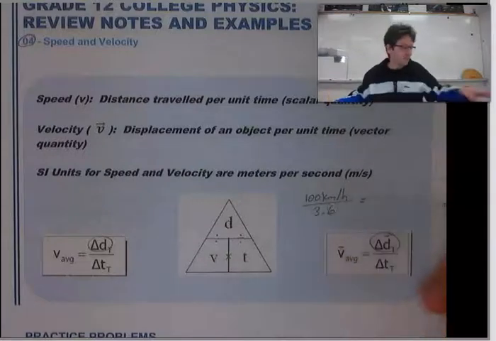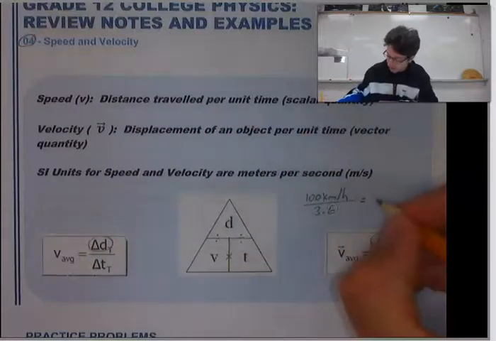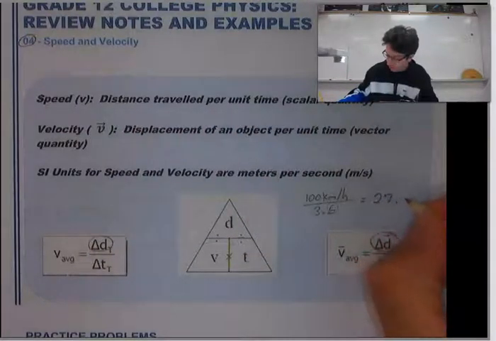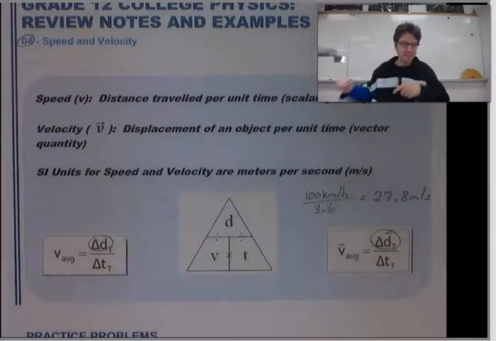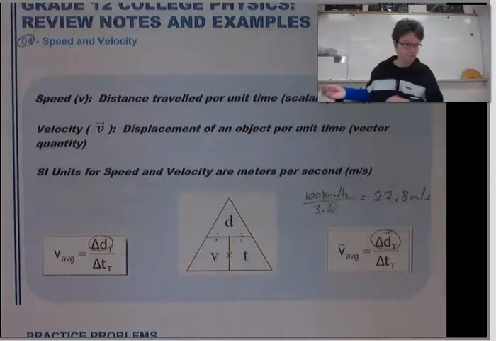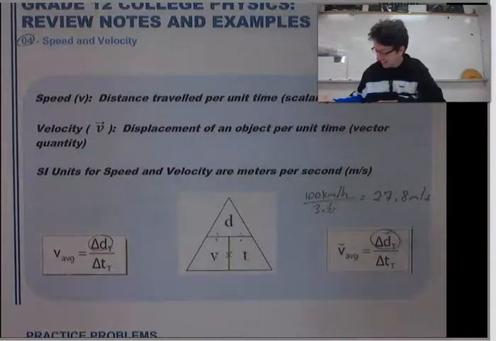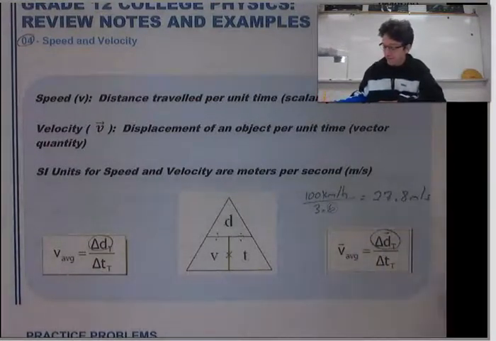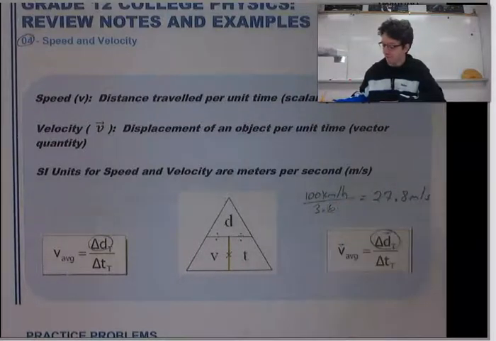And that'll give you how many meters per second 100 kilometers per hour is, which is 27.8 meters per second. But obviously when you go on the highway, you don't see a sign that says maximum 27.8. We don't use that on a day-to-day basis. Okay, and of course vice versa. If you wanted to go from meters per second to kilometers per hour, instead of dividing by 3.6, you would multiply by 3.6.